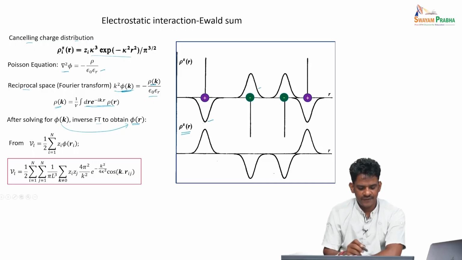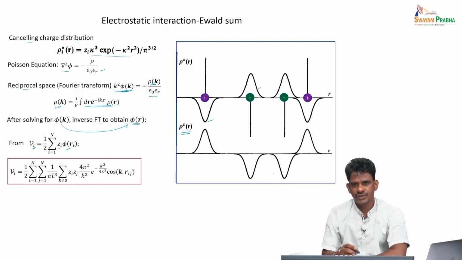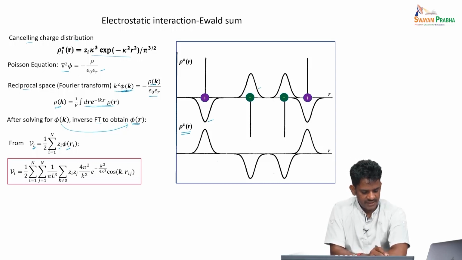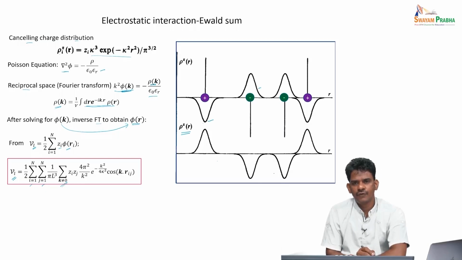Okay. So, once we have this approach, then we can find what is the long range contribution of the electrostatic interactions by summing over Zi times the potential. So, when you substitute for the potential after doing all these things, I am skipping all the mathematical derivation, showing only the results. You can see that the long range contribution because of the cancelling distribution is again a sum over i and j, and here we also sum over all the Fourier wave vectors.